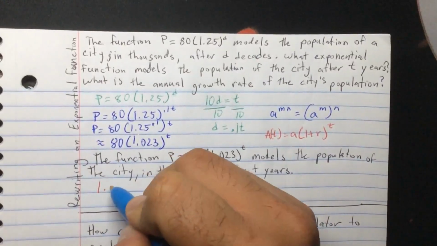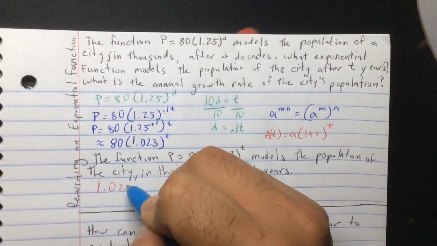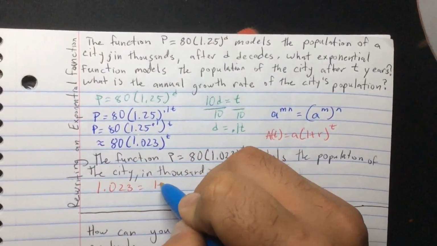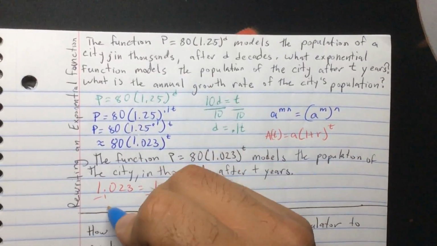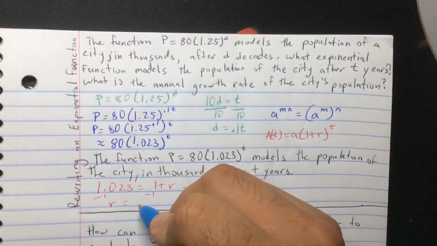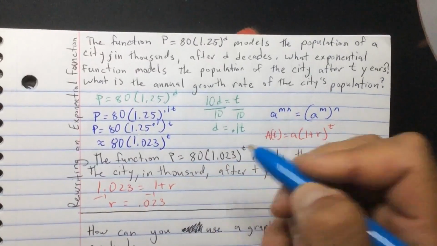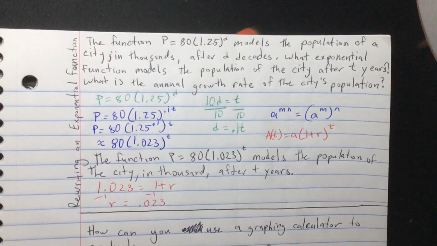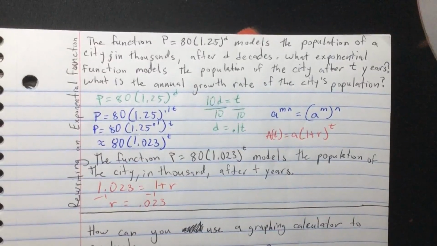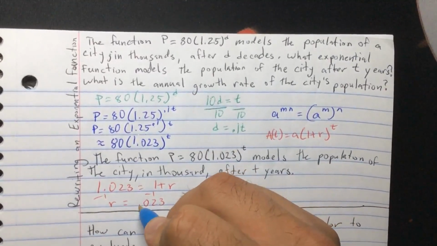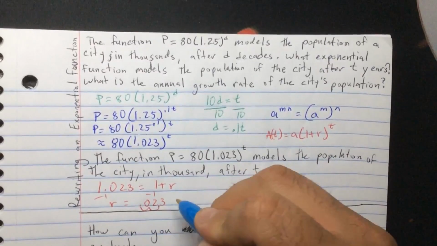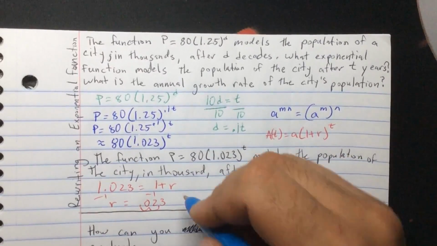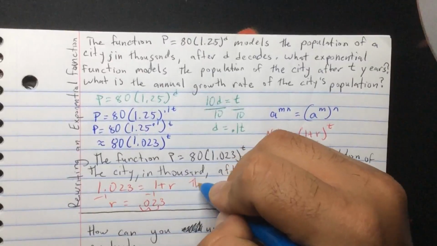So 1.023 is going to be equal to 1 plus our rate. We just subtract 1 from both sides, and we get our rate is equal to 0.023. But of course, we need a percentage because that's what our growth rate is going to be. So we move the decimal 1, 2 places, and we get that this is going to be 2.3%.